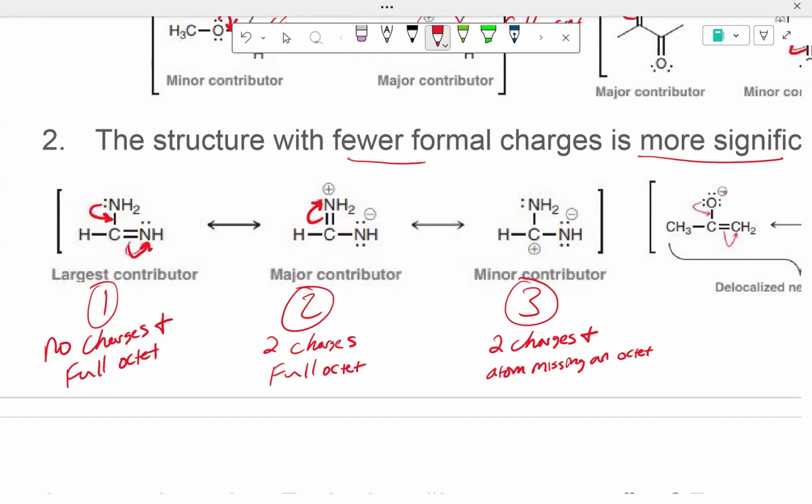If we just compare number one and two, they illustrate this rule. One and two both have a full octet. That's the first thing we always look for. But two doesn't contribute as much because there are two charges. Number one has fewer formal charges, so it's more significant.